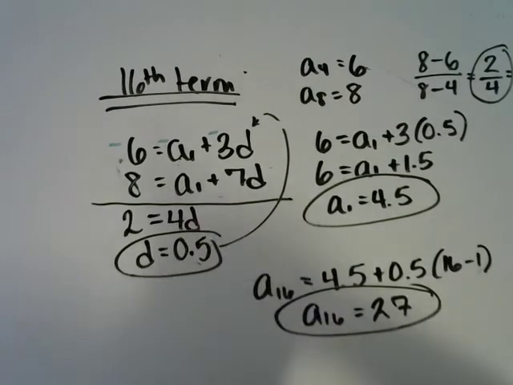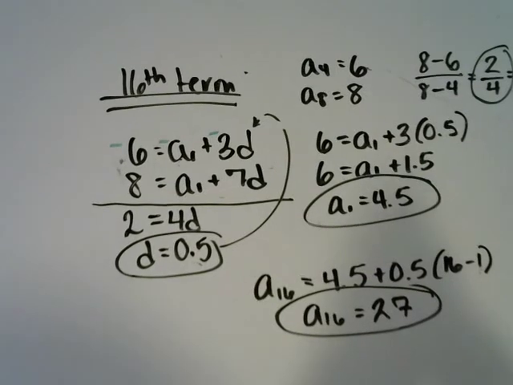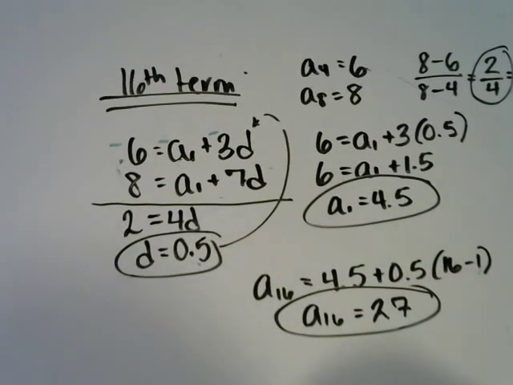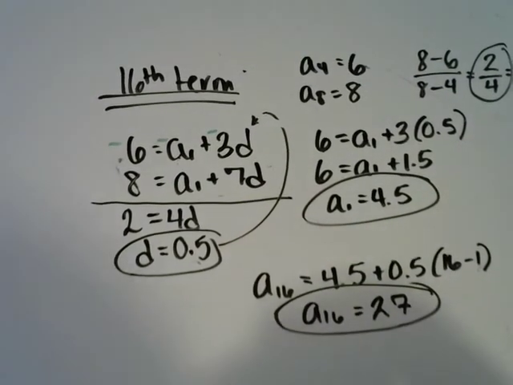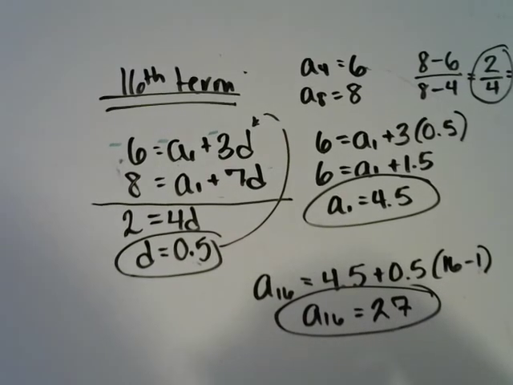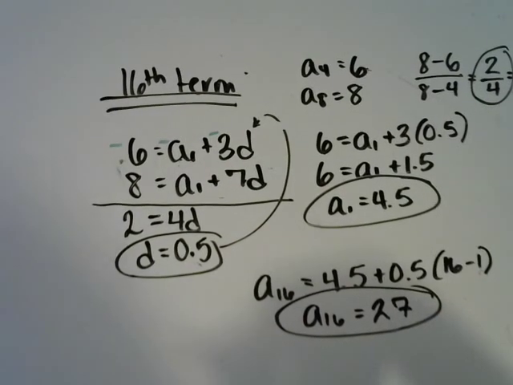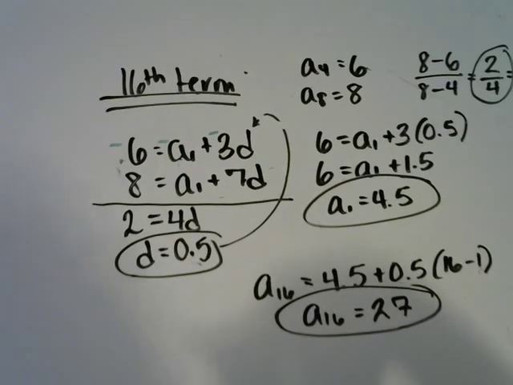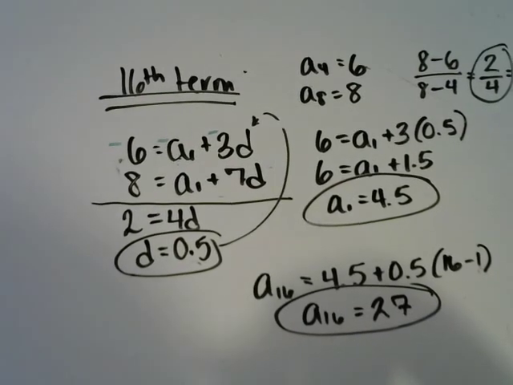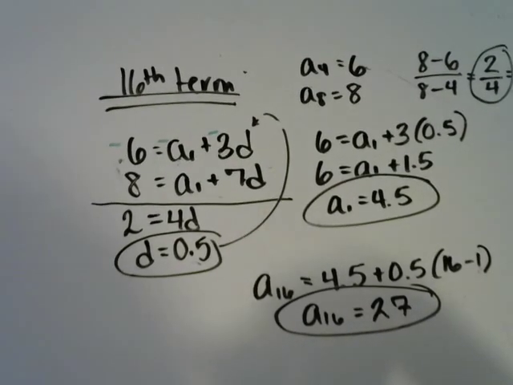And so we wouldn't need a system of equations to solve for A1 and D if we already knew what D was. So keep that in mind in case you want to find other ways to solve the problem. You're more than welcome to, since arithmetic sequences are just about patterns.